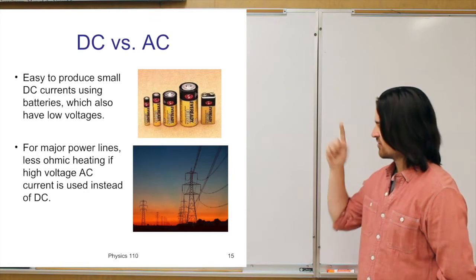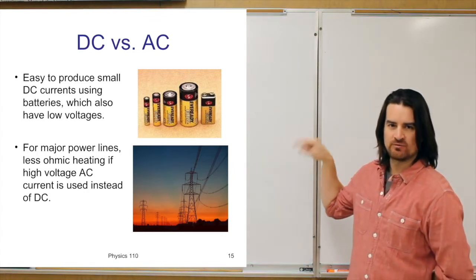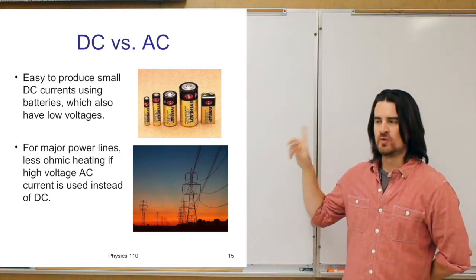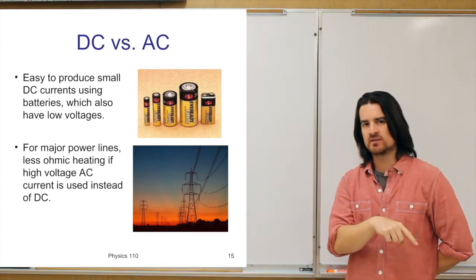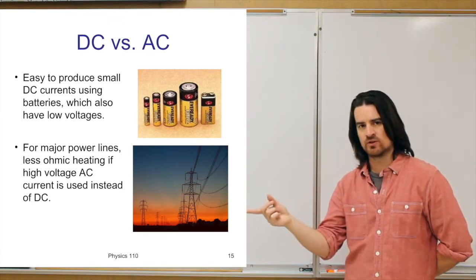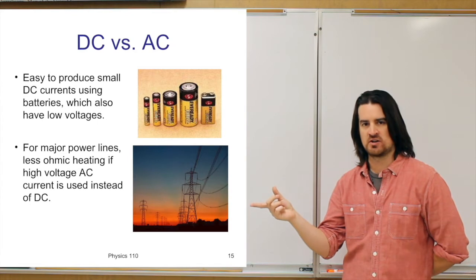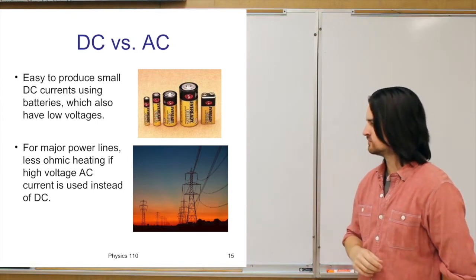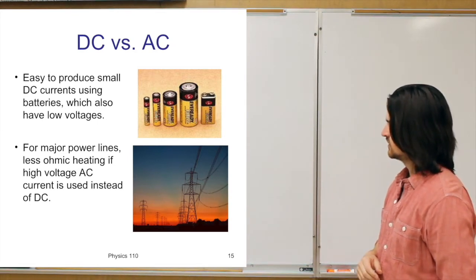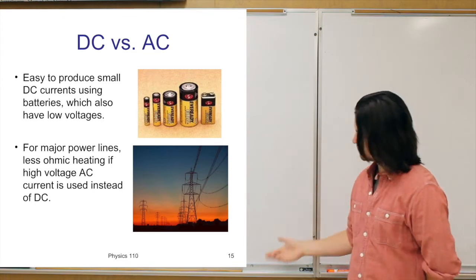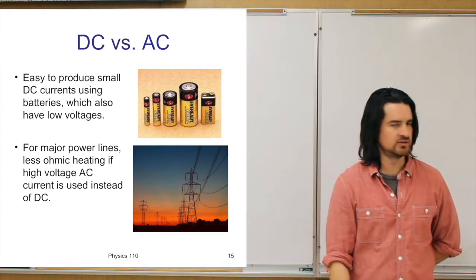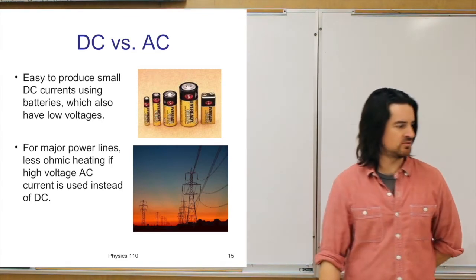It turns out that if we did use DC current in our high voltage power lines, most of the power that's generated at the power plant would be dissipated before you could even use it at your home. So AC, think about power lines or outlets, power outlets, or wall sockets.